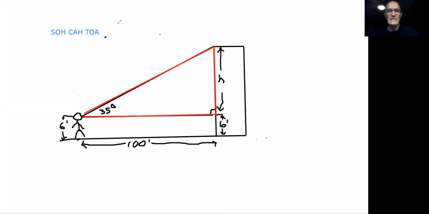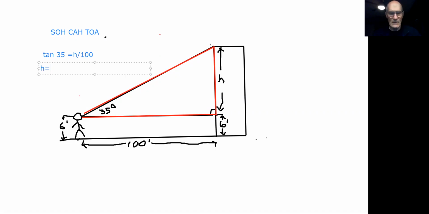So once again, I can come up here and I can get the tangent of 35 equals H divided by 100. Now, in this case, all I have to do to solve my equation is just multiply both sides of the equation by 100.